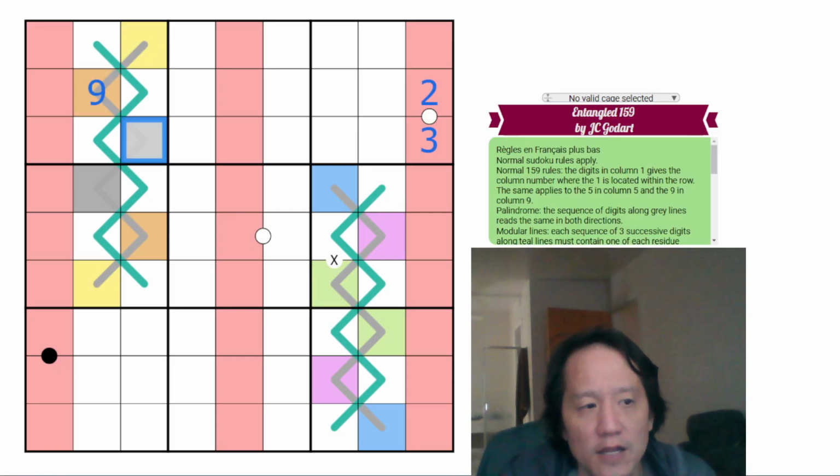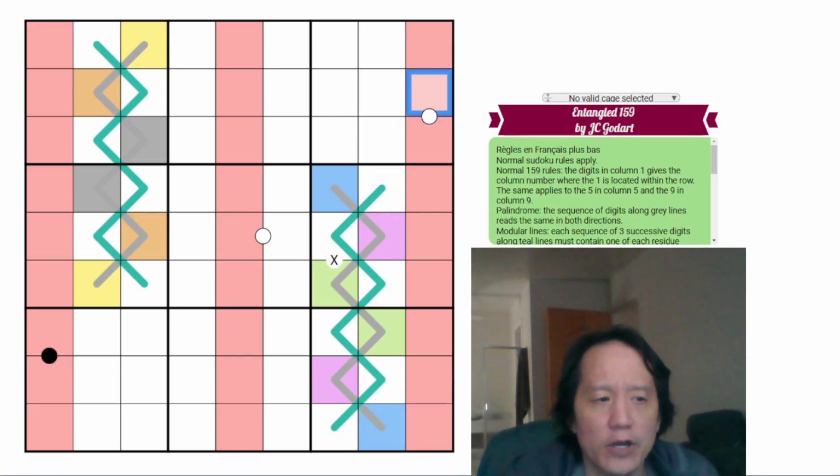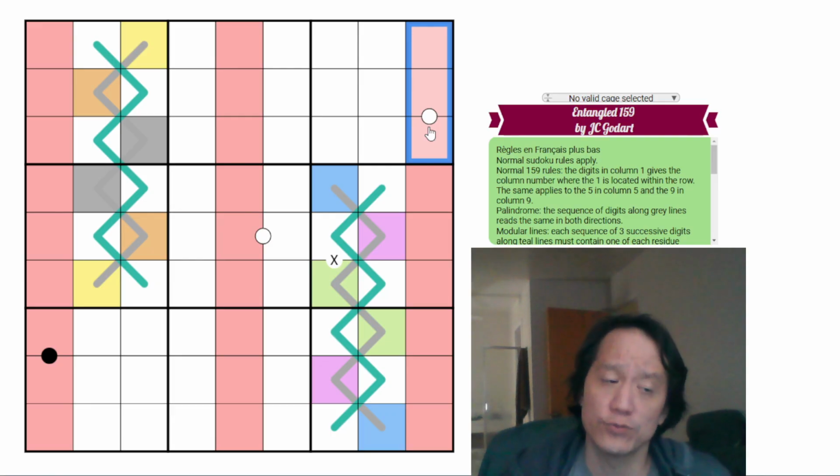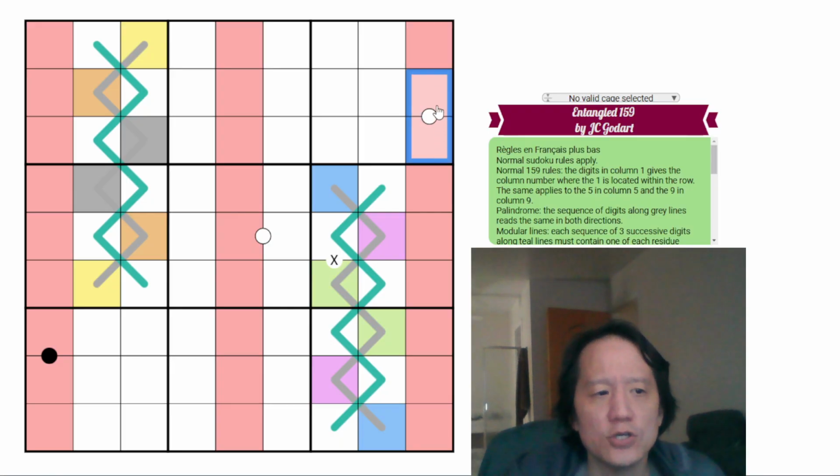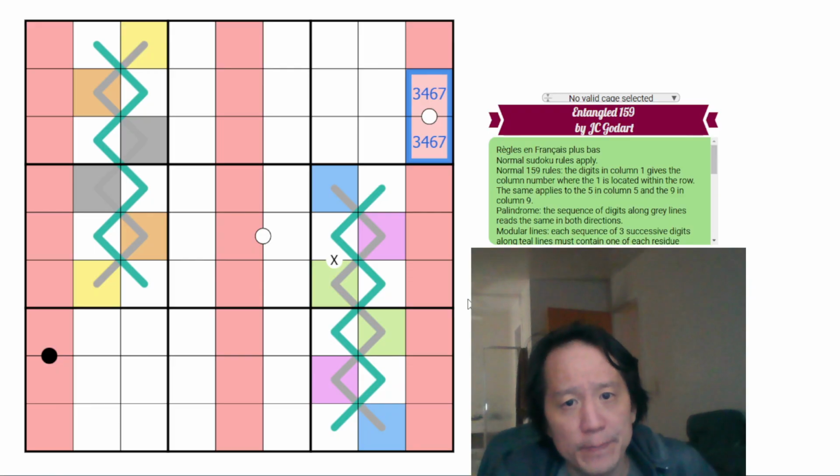Which is not allowed. Okay, so we know that there's 1 from 1 through 3 here, 1 from 4 through 6 there, and 1 from 7 through 9 there, right? So since there's consecutive ones, it has to be either 3, 4, or 6, 7, right?